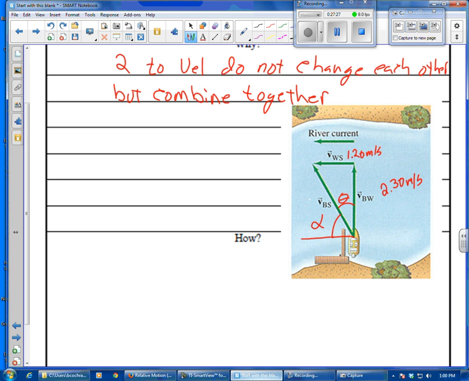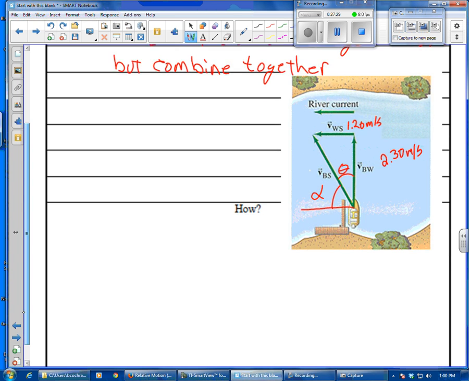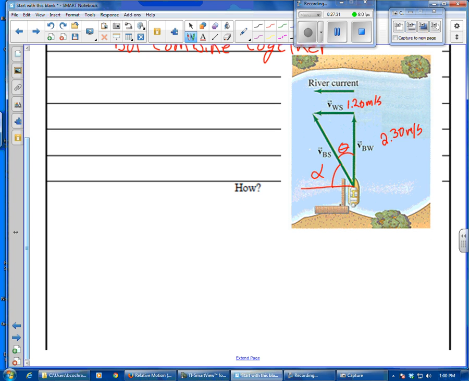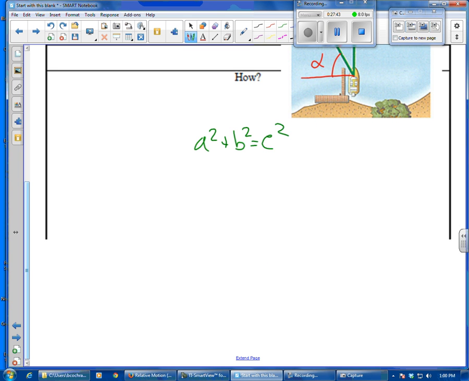All right, so now I need to find how big the velocity of boat with respect to the shore is, and for that, I'm going to use Pythagoras, our good old friend a squared plus b squared equals c squared, right?